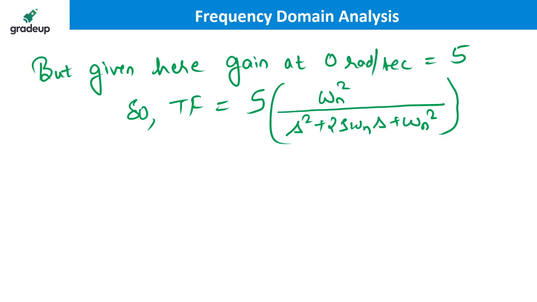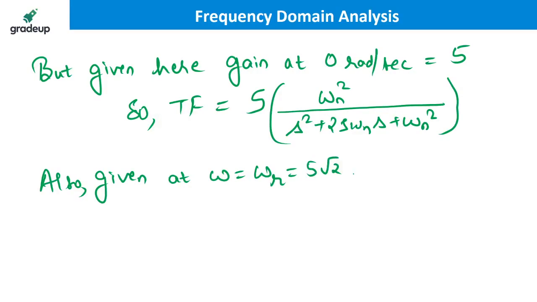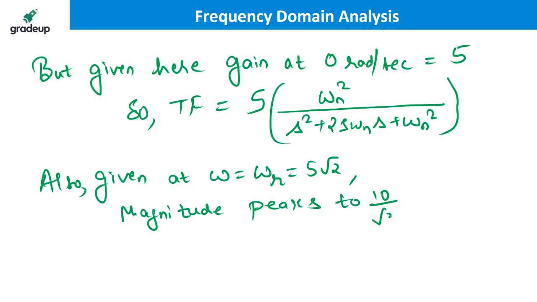Also given that at omega equal to omega r, the resonant frequency 5 root 2, the magnitude peaks to 10 by root 3. Magnitude of which function? Of this transfer function. So that is 5 into 2 by root 3. So what is the maximum magnitude of the standard transfer function? Because the formula that I have given is for the standard transfer function.